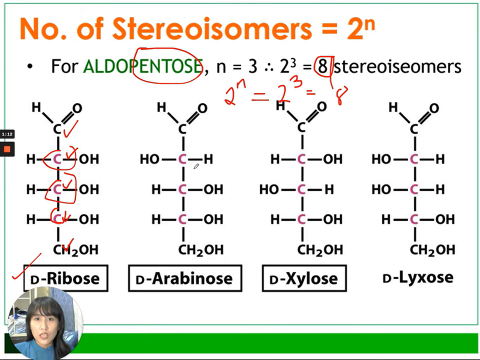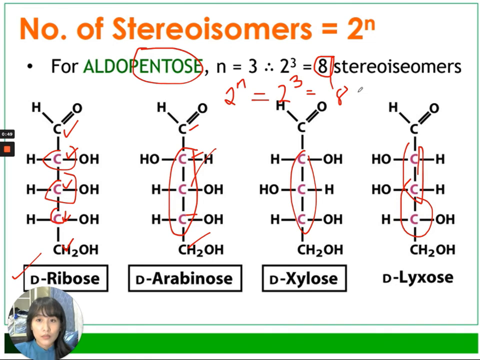The same applies with the other aldopentoses like D-arabinose, xylose, and lyxose. They have 5 carbon atoms but only 3 chiral centers, so with the formula you just input 3 here. So 2 raised to 3 gives you 8 stereoisomers.